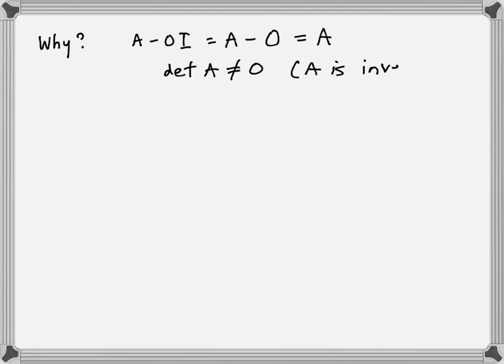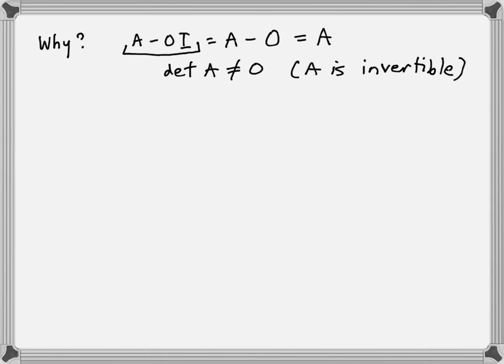So this just shows that if A is invertible, then the determinant of A is not 0, which means that the determinant of this guy is not 0. In other words, 0 is not an eigenvalue. Okay, so that's really the reasoning right there.